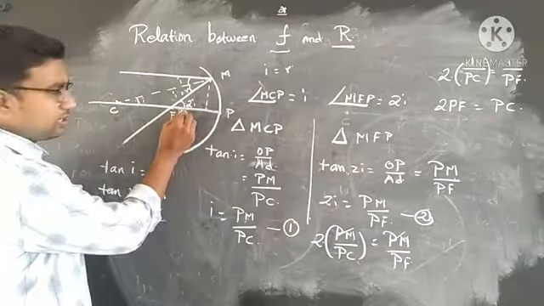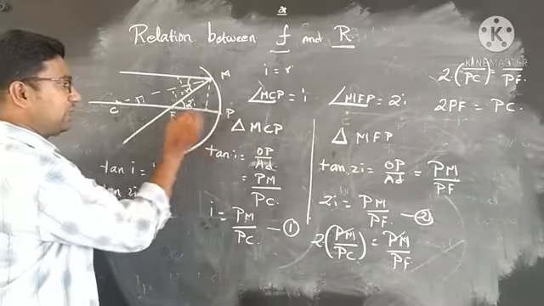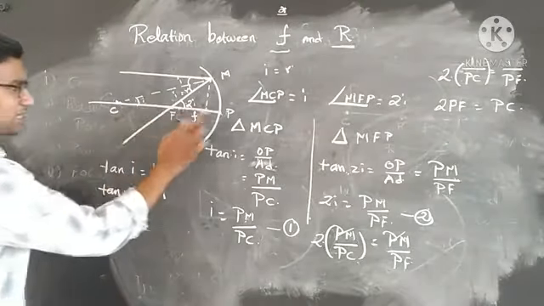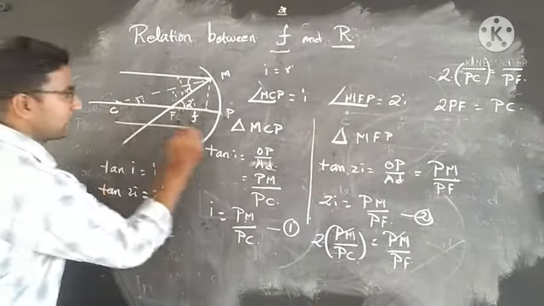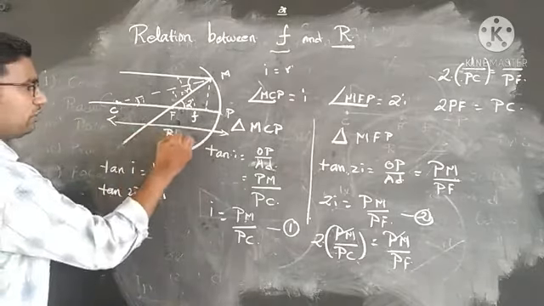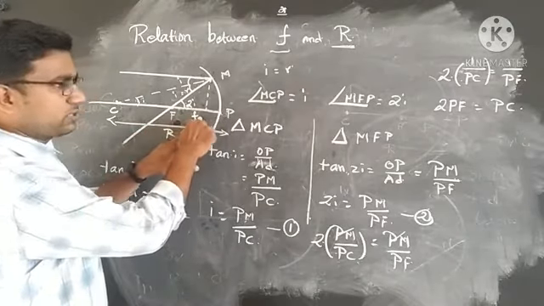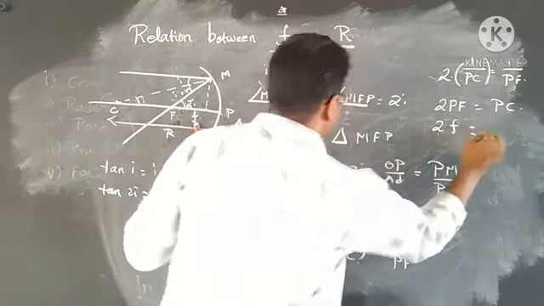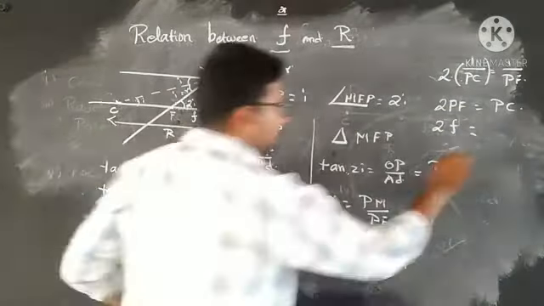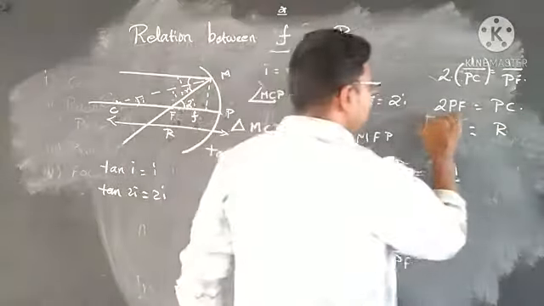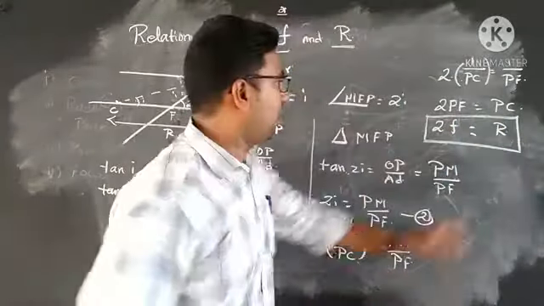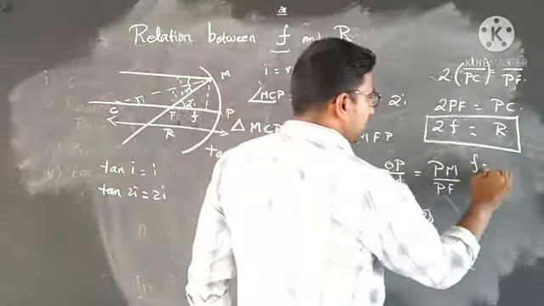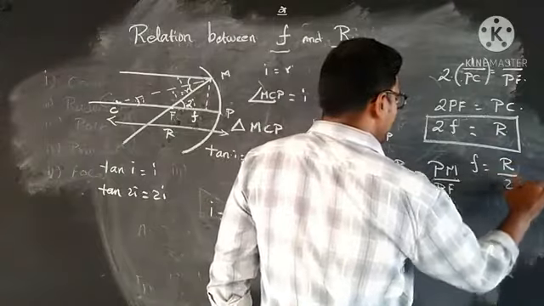PF is the distance between the pole and the principal focus, which is the focal length f. The distance between the pole and the center of curvature is capital R. So in place of PF, I substitute small f. So 2 times f is equal to, what is the value of PC? Capital R. Finally, we derive the relation between R and F. Otherwise, the focal length f is equal to R by 2.